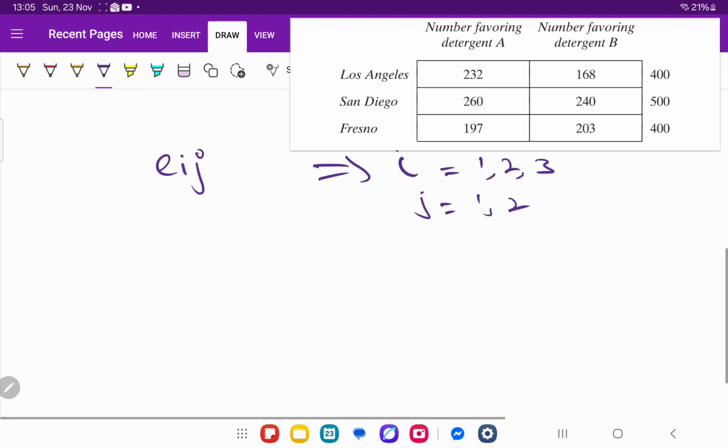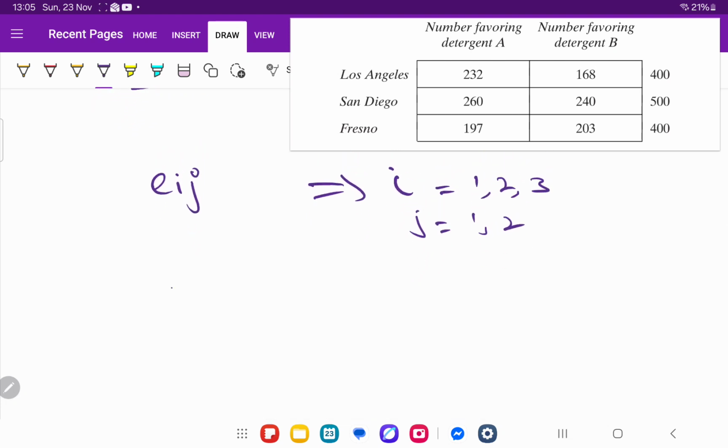So it means that we would require E11, which means first row and first column. How will this be calculated?